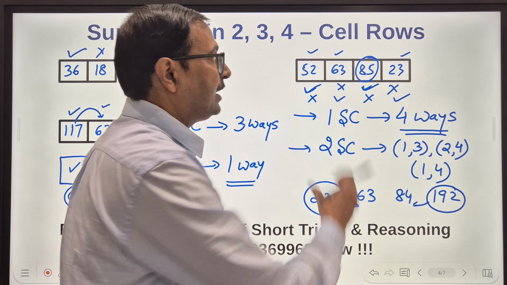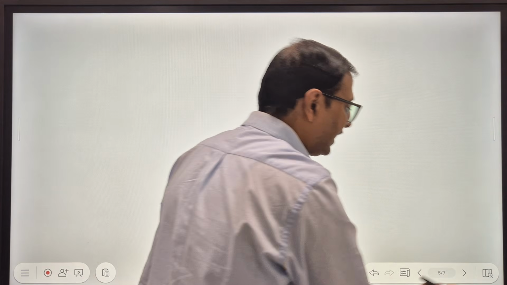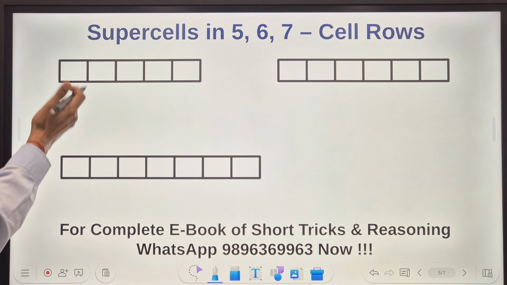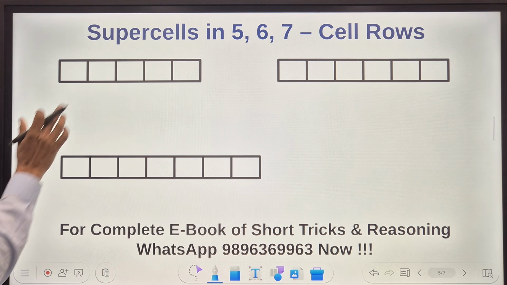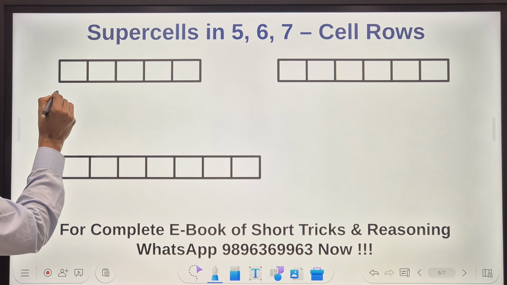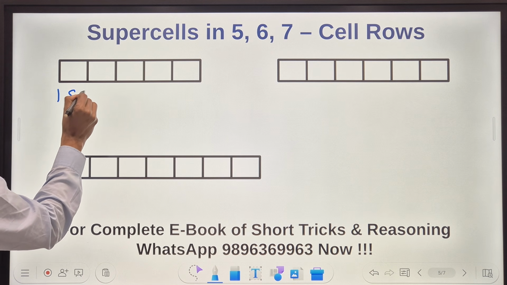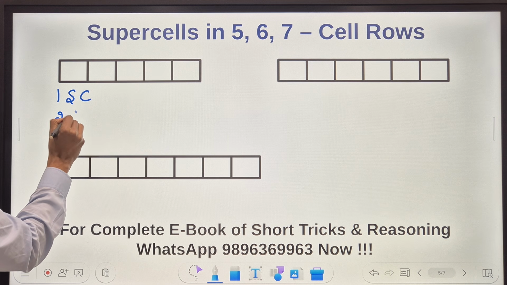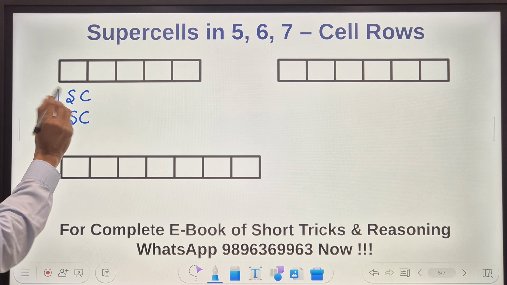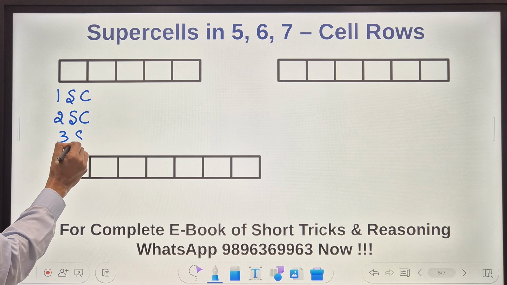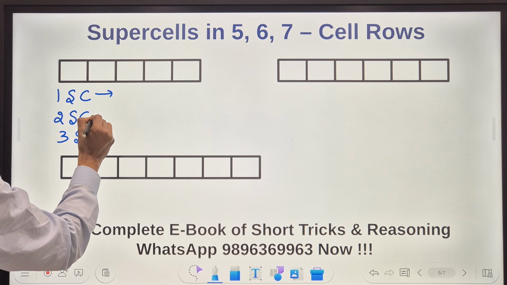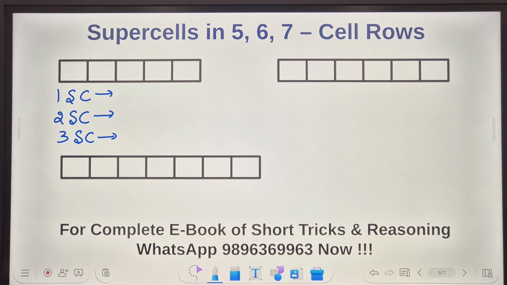What happens when the number of cells in the row increases? Here you can see we have 5 cells now, and when it comes to 5 cells, we can have 1 supercell, we can have 2 supercells, or we can have at most 3 supercells. Now let us see in how many ways can we get these supercells.